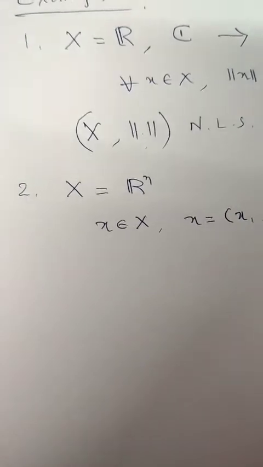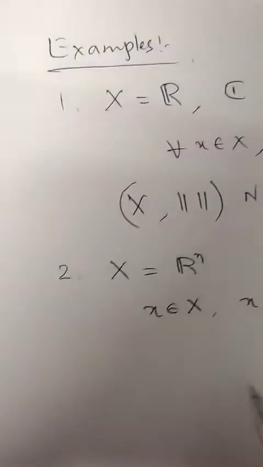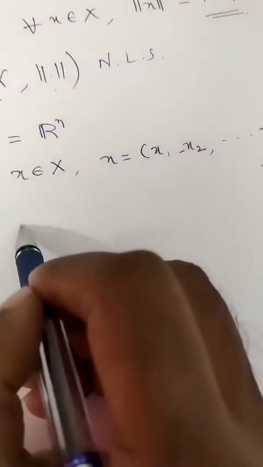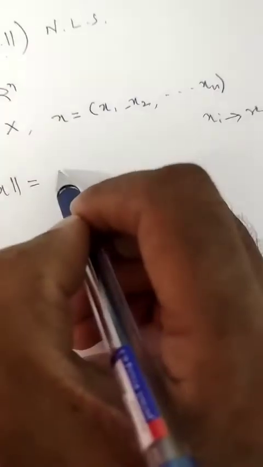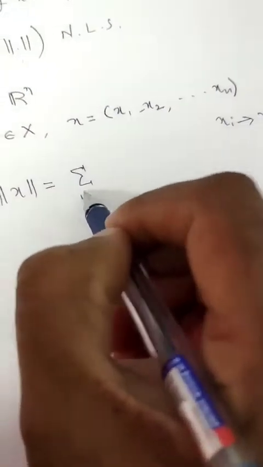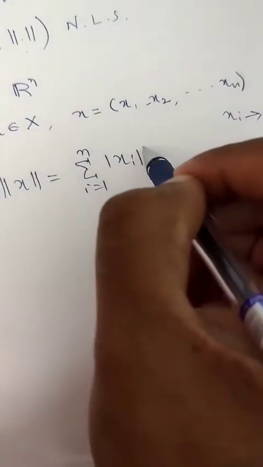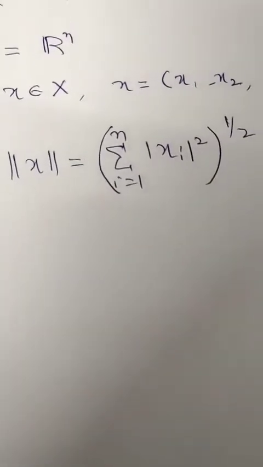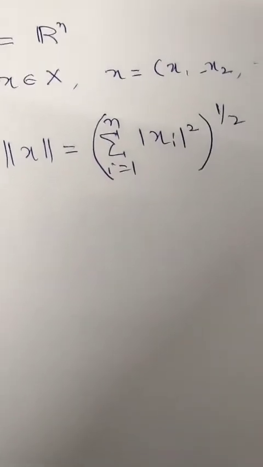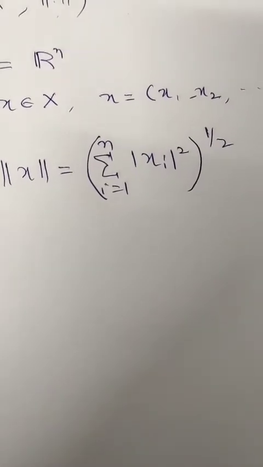On this set X, that is R^n, I will define a norm by norm of x equal to, as you already know from metric spaces, the summation i equal to 1 to n of absolute value of xi squared, whole to the power of 1 by 2.